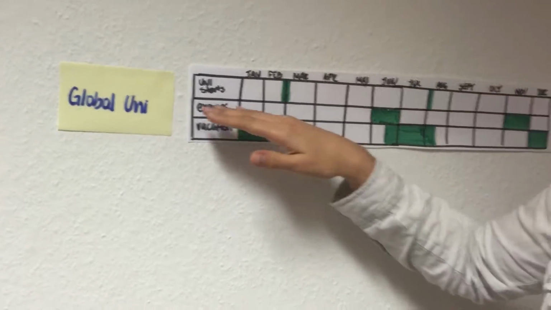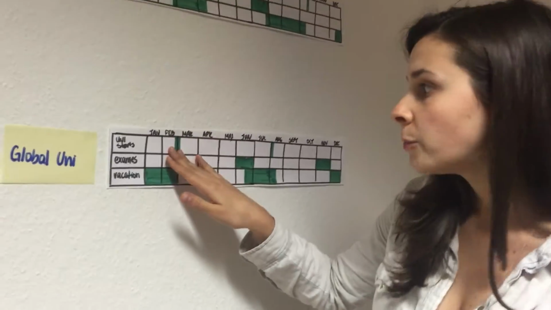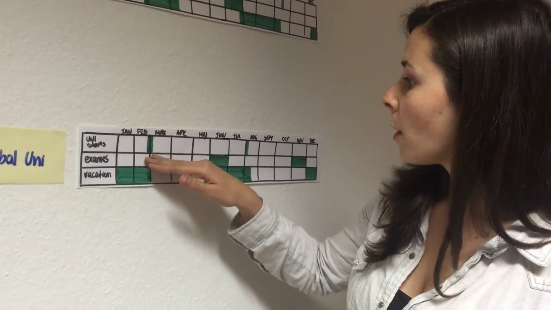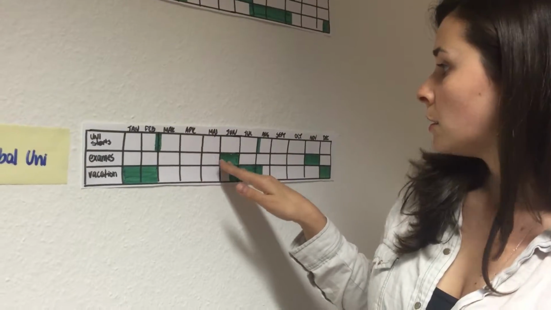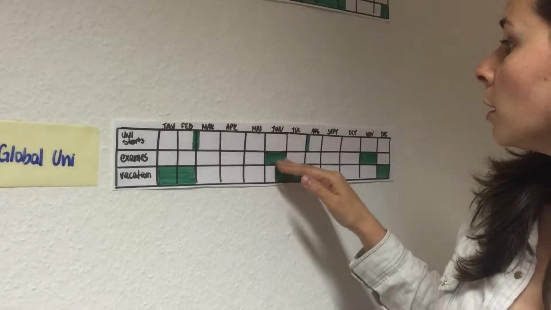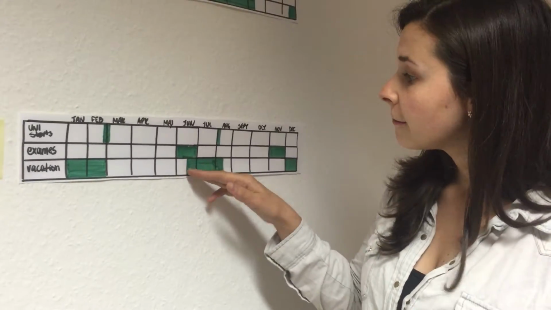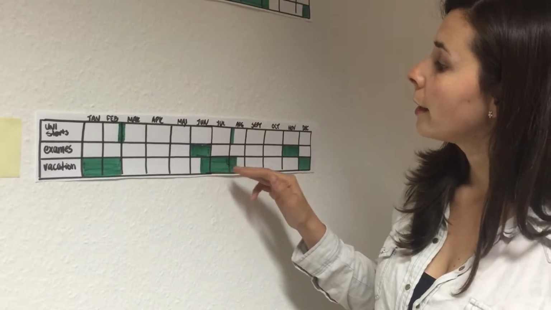First, universities start at the beginning of the semester, in the beginning of the year. Usually around February, March, and then people have classes until June when the exams start, and exams can go around July also. After this, basically July and August, they have the vacation period.